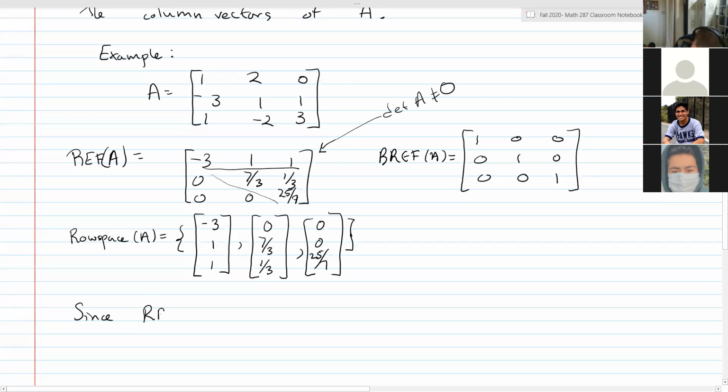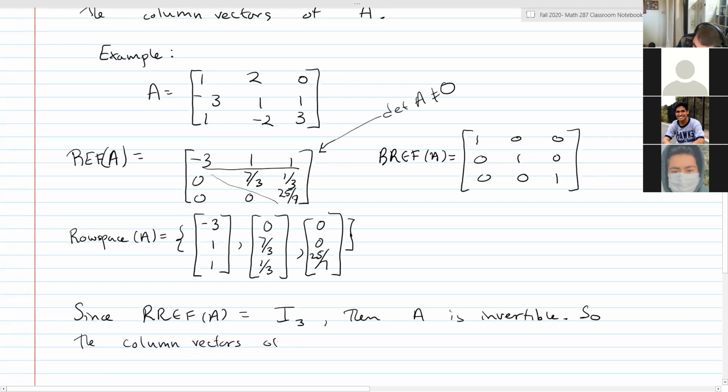So what we could say is, since REF of A equals the identity I3, then A is invertible. And if you remember from earlier on in the week, the column vectors of A are linearly independent.